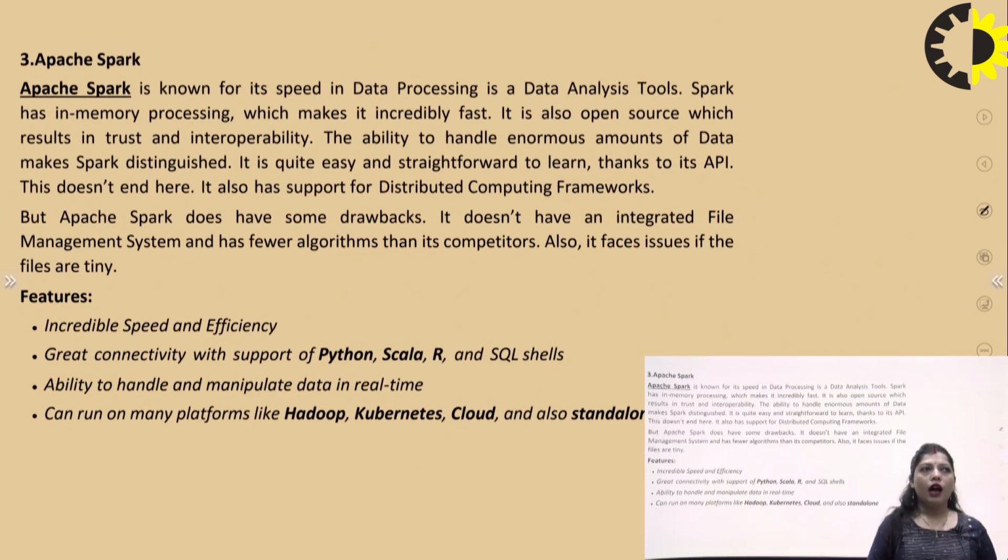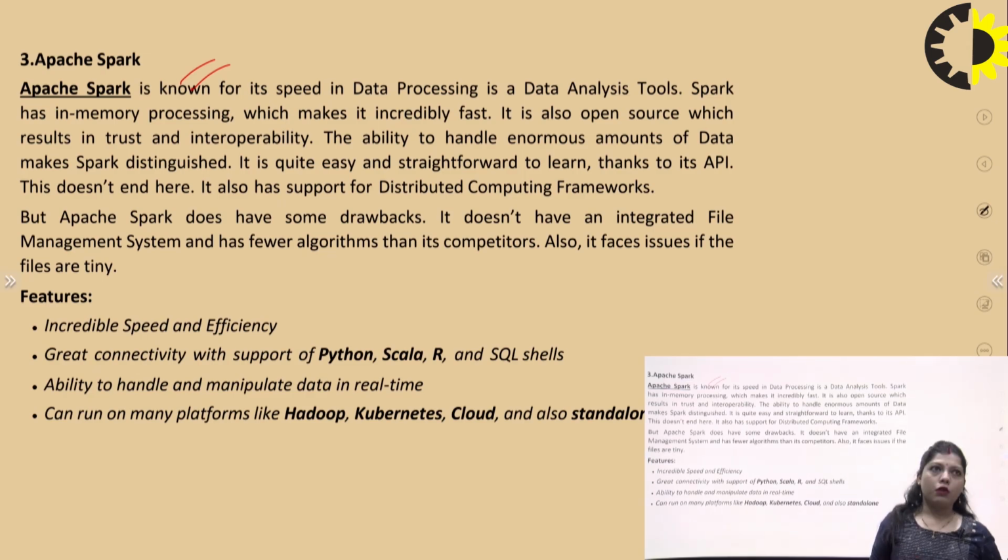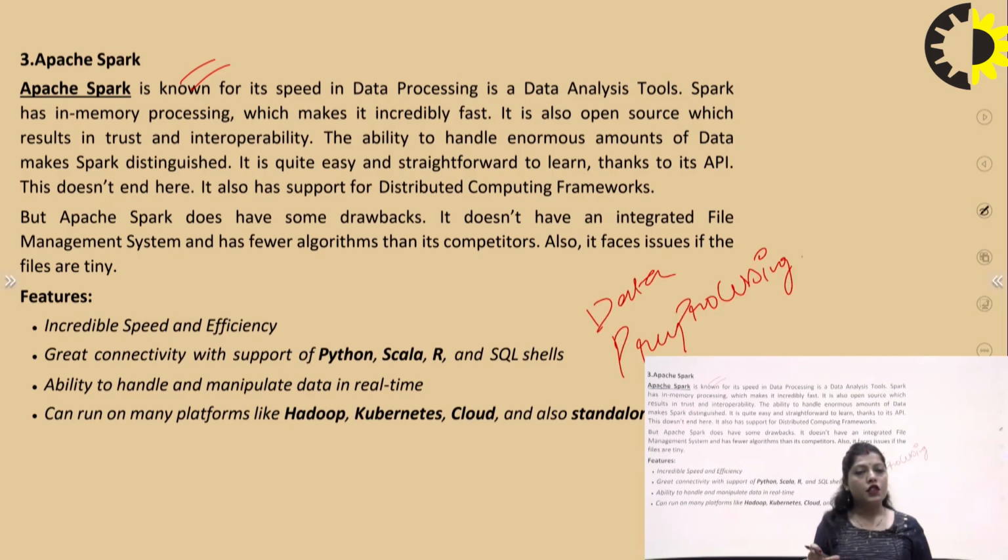Next is Apache Spark. The Apache Spark tool is used for its speed in data pre-processing. It is a data analytics tool used for data pre-processing, not only for data visualization.